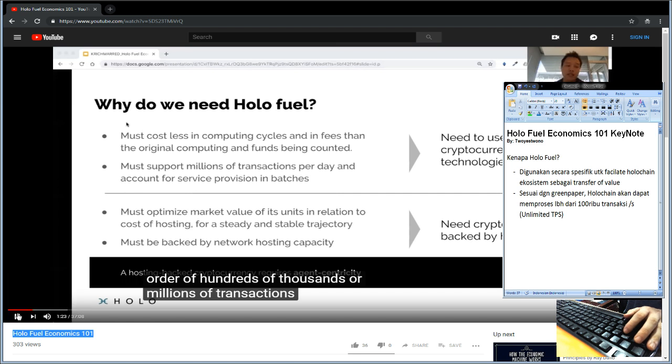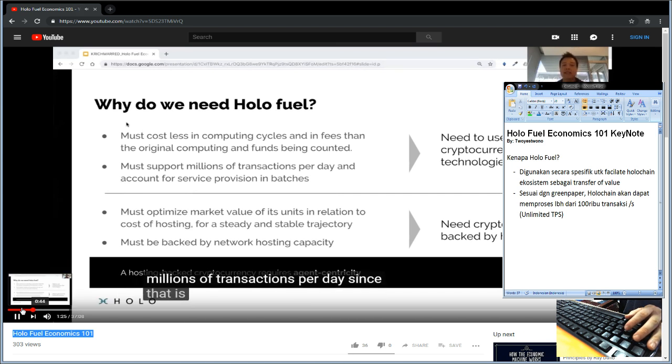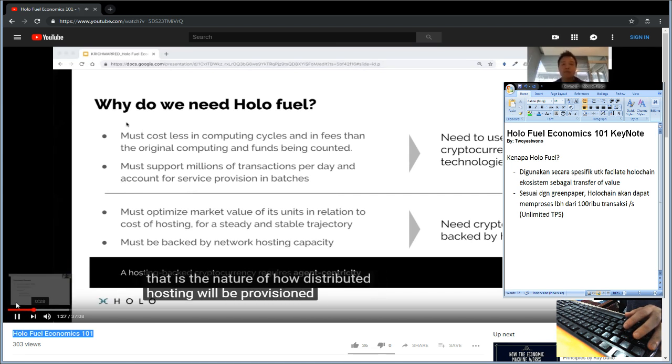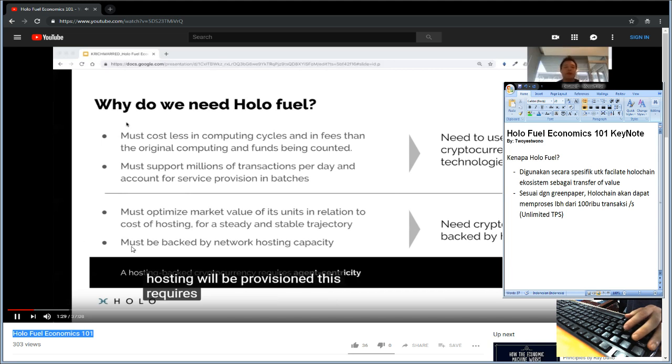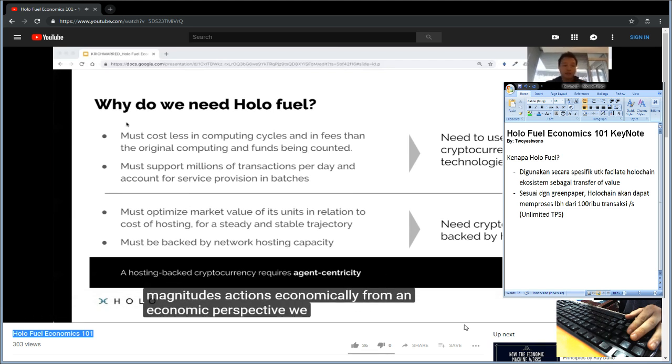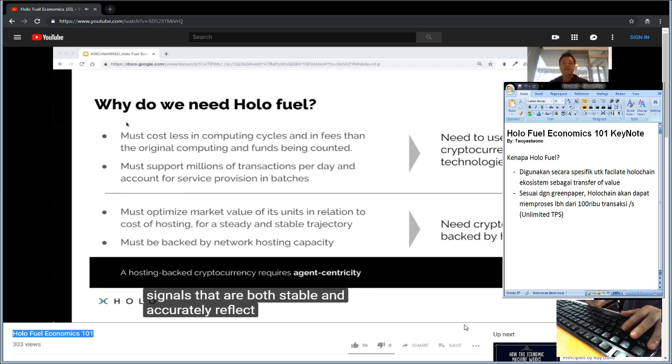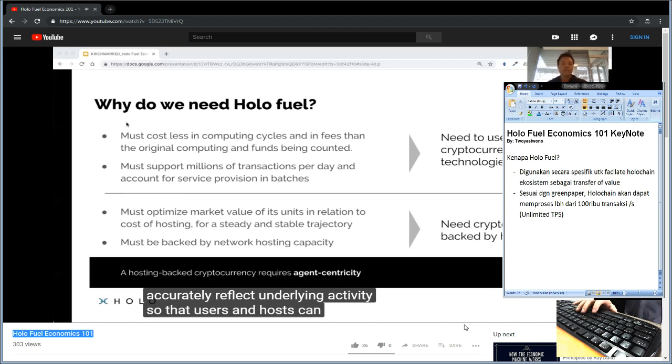Per day, since that is the nature of how distributed hosting will be provisioned. This requires cryptocurrency-like technologies, since existing payment networks are not able to handle these microtransactions economically. From an economic perspective, we need price signals that are both stable and accurately reflect underlying activity, so that users and hosts can make long-term plans with confidence.